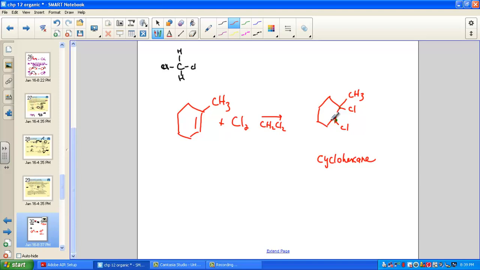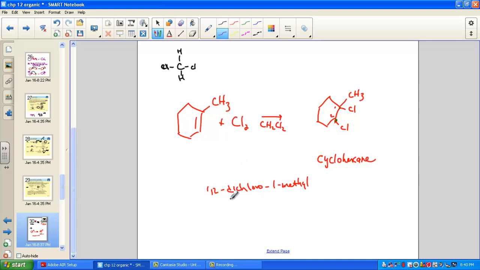What about numbering? Okay, well, when we number, carbon 1, 2, 3, 4, 5, 6, carbon 1 gets priority because it can give us the lowest number for both of these branches. So let's figure out what we have. 1,2-dichloro, and then we have 1-methyl.